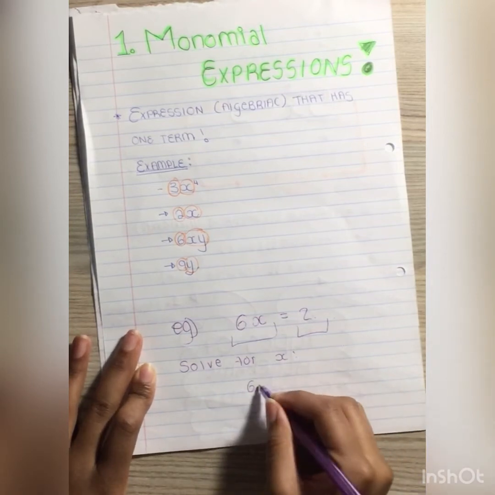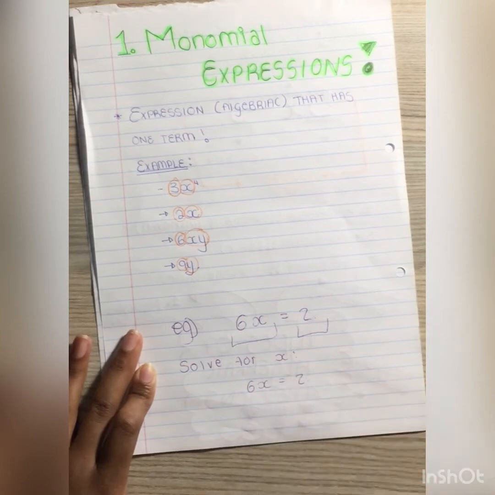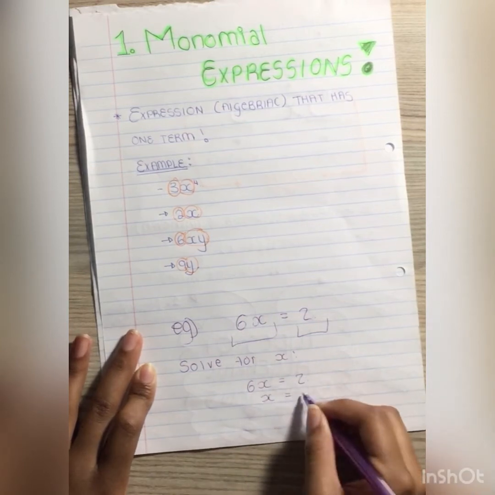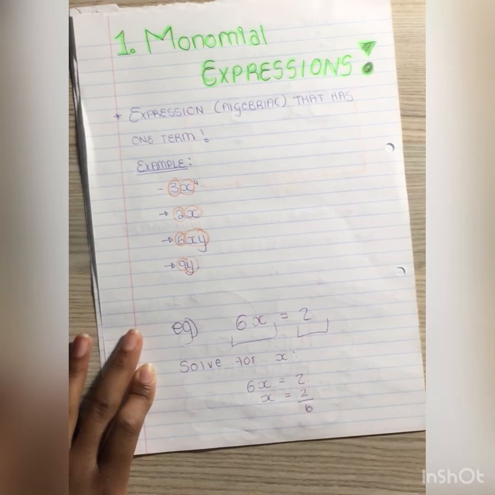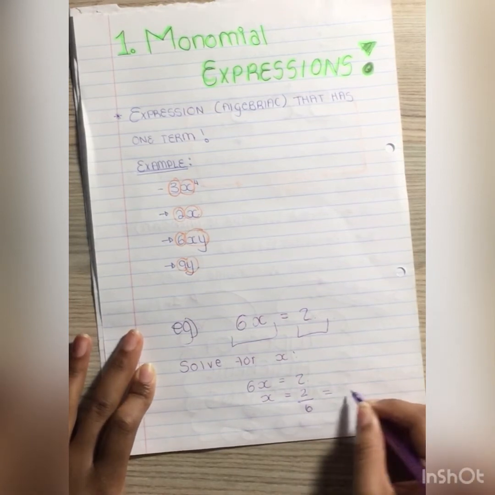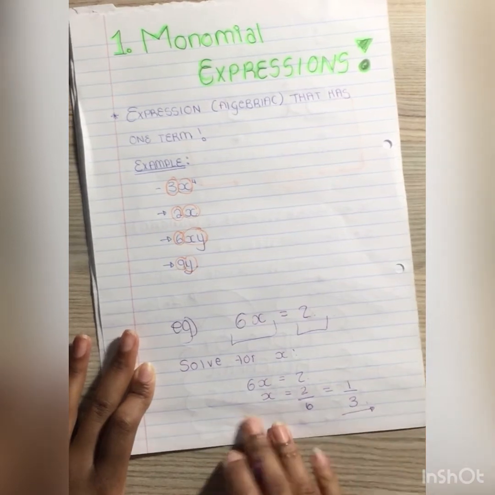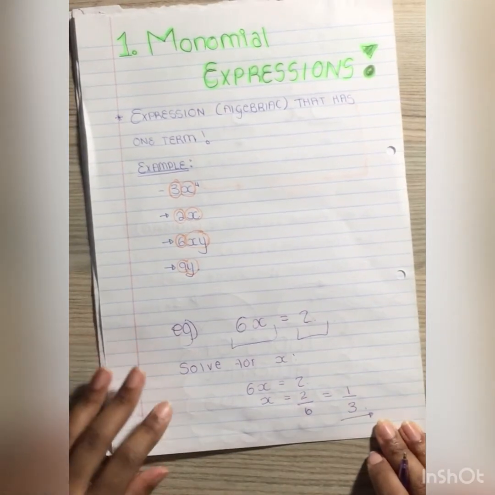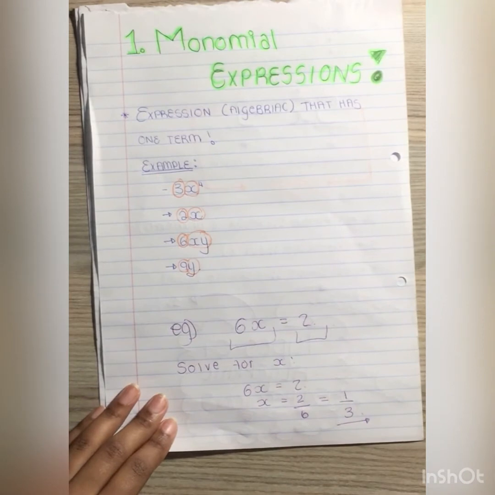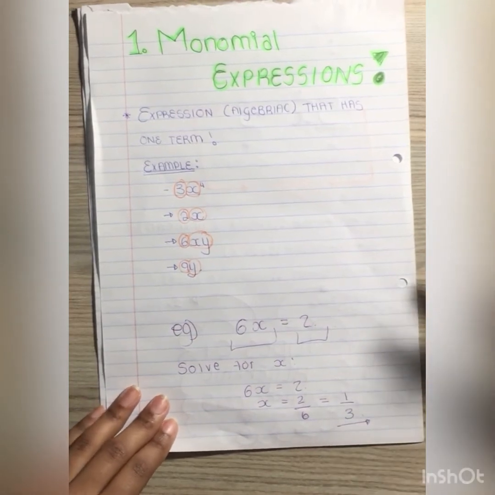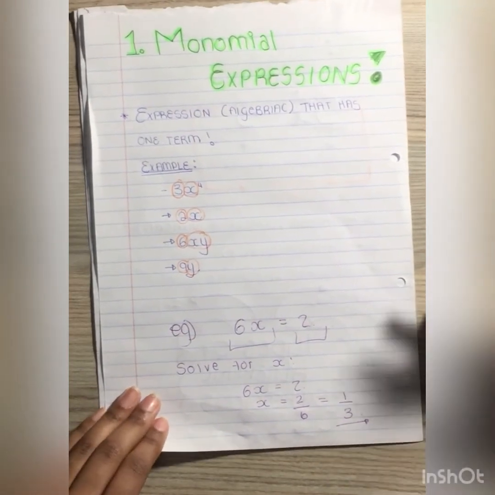You would say, okay, 6x equals 2, x equals 2 over 6, which in essence is equal to 1 over 3. And that is you solving for x. Okay, so those are monomial expressions. They only consist of one term.